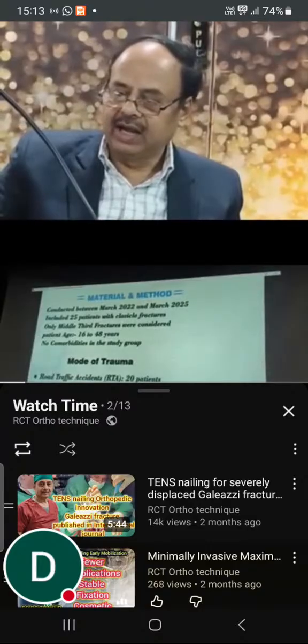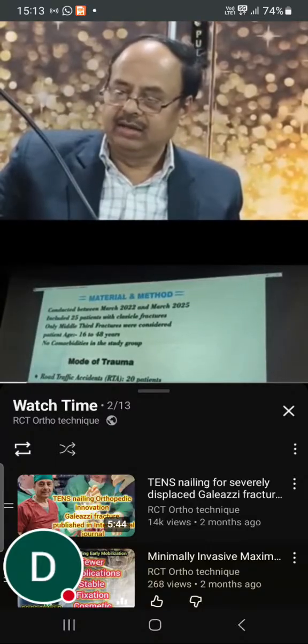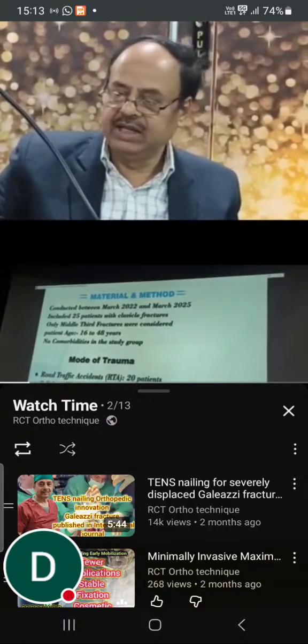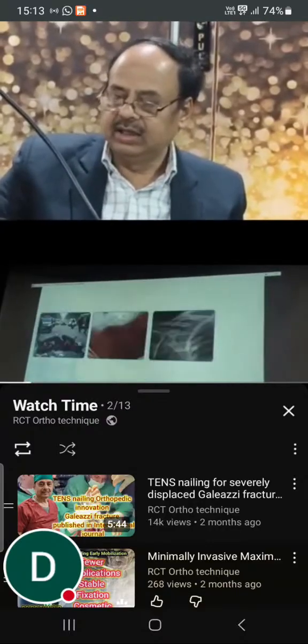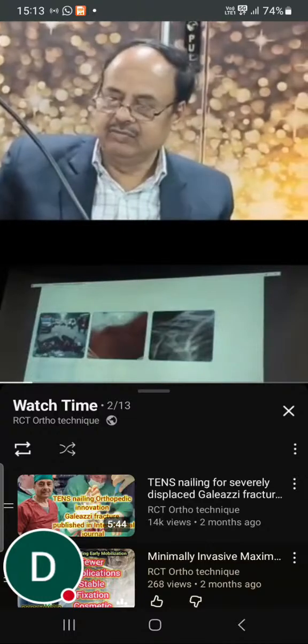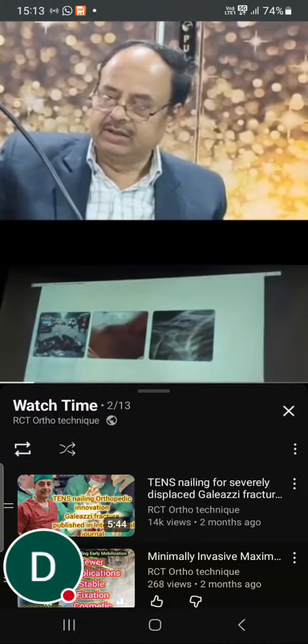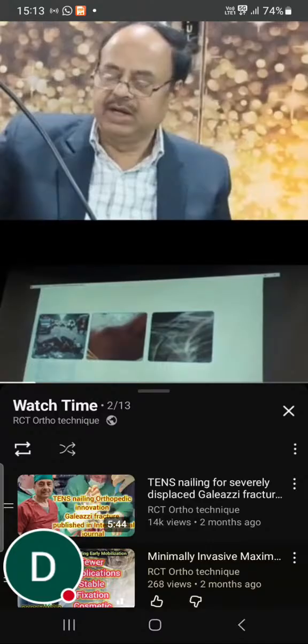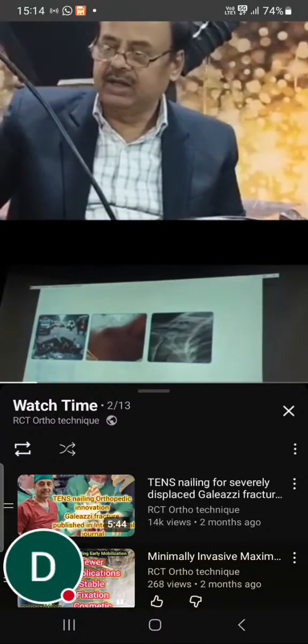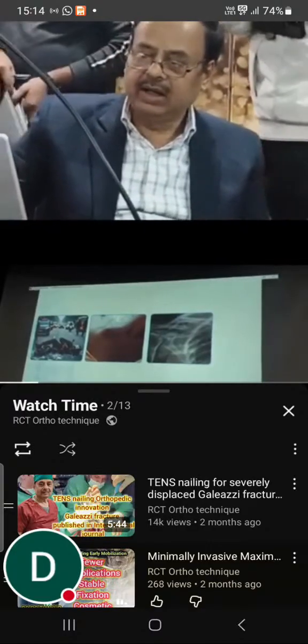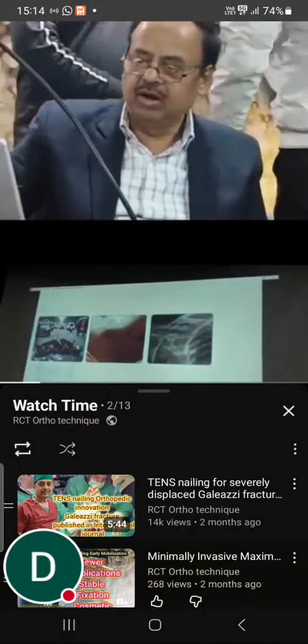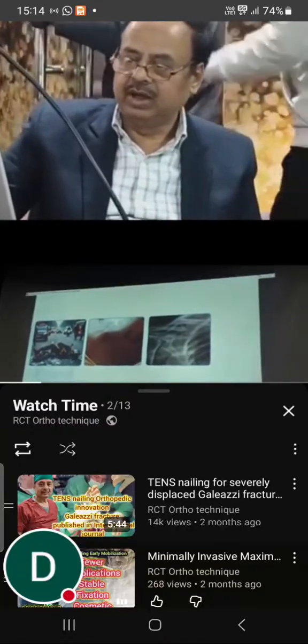The road traffic accident was the main mode of trauma, whereas fall from height and fall on the outstretched hand were the other modes of trauma. The typical mode of trauma, this picture is taken from AI, is a fall on the shoulder, protecting the head from injury.